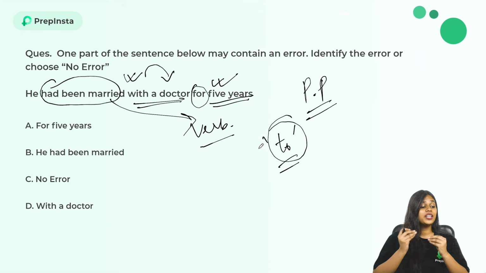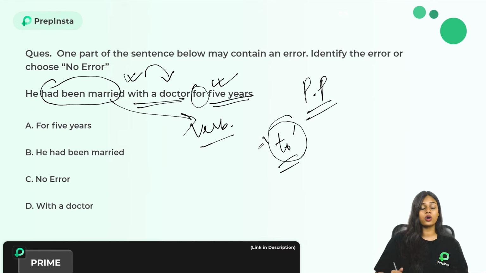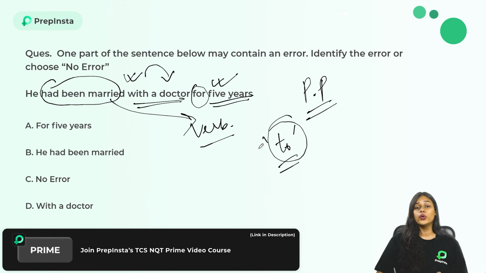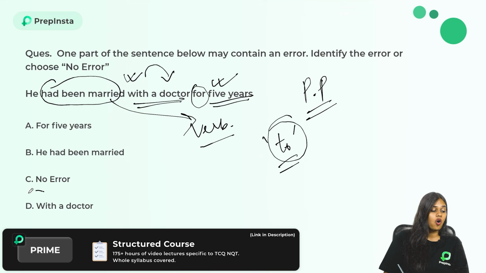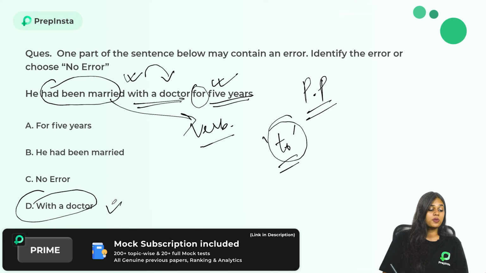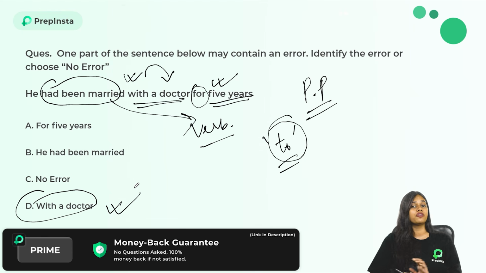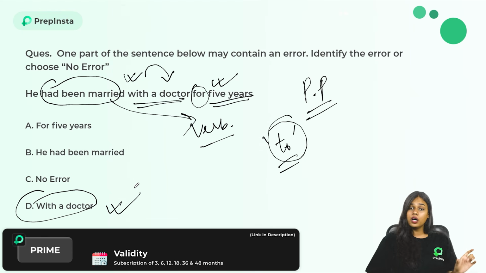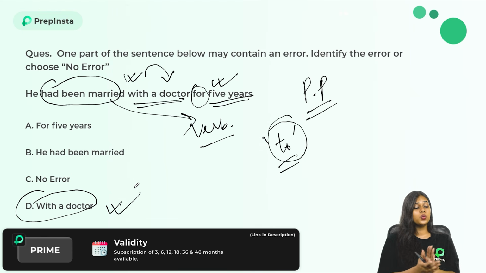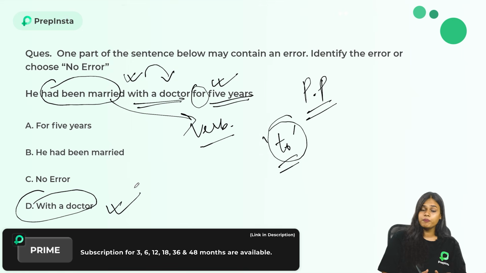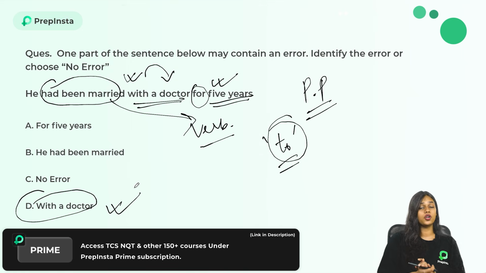So he had been married to a doctor for 5 years and not with a doctor. Option D becomes the correct answer because option D states the incorrect part of the sentence. A verb connecting with the noun will take the preposition to in the case of married, but not with.